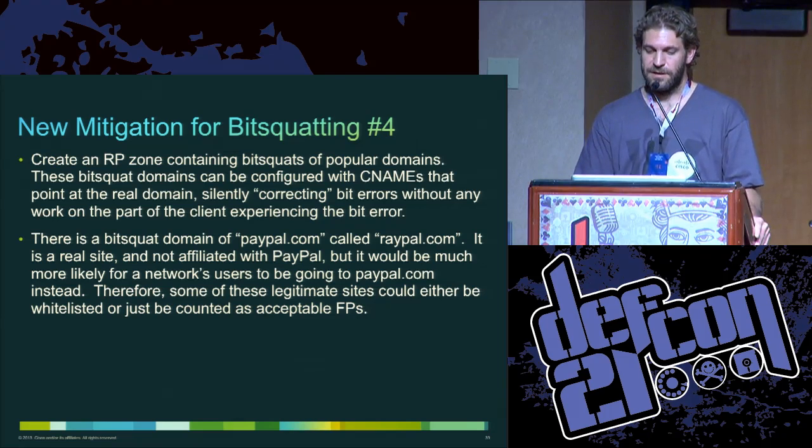In that case, you do have to be careful of false positives though, like raypal.com is a real site. So you definitely have to monitor for false positives when you're using this technique, but configuring this at your DNS resolver basically takes DNS out of the ability of the attackers to register the domains in the first place, or de-incentivizes that.